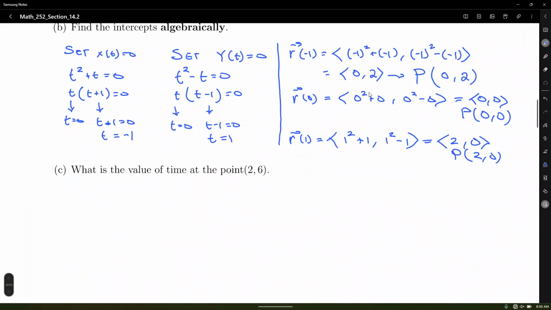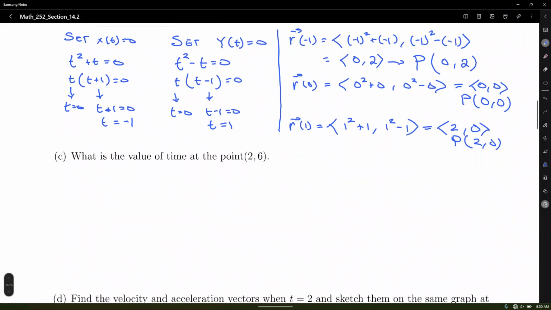Okay, so let's see how that goes. We're given a vector valued function, which is the same as this representation in parametric form, where we have an x equation and a y equation. The x equation is the x component of the vector valued function, while the y equation is given by the y component of the vector valued function.